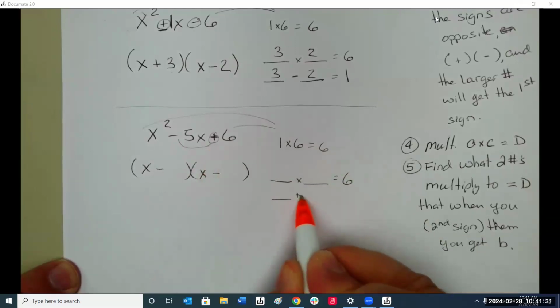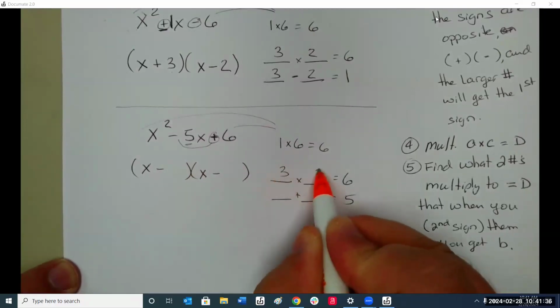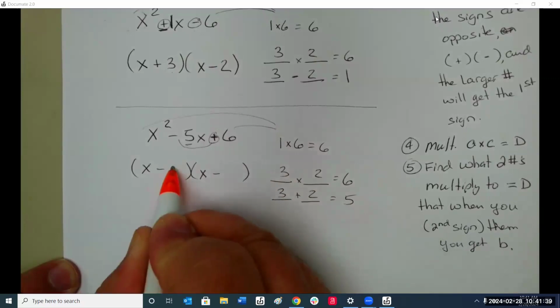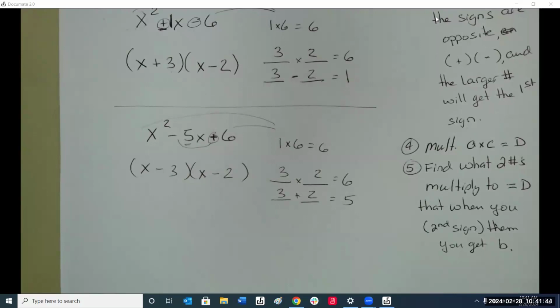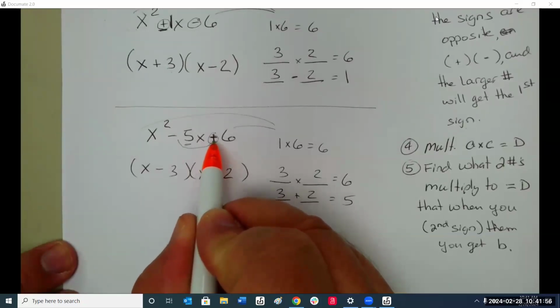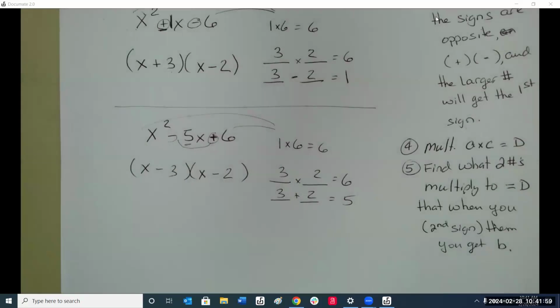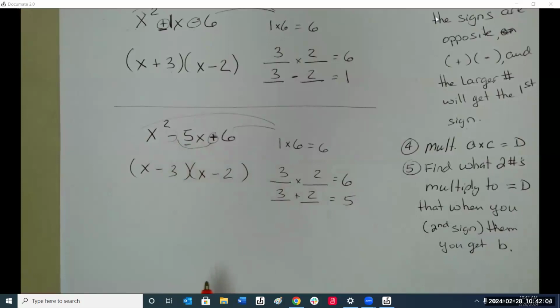But when I add them, I get 5. And they're both negative, so it doesn't matter. Because the second sign's plus. If the second sign's a plus, then they're both the same sign. It's whatever the first sign is. Because if they were both plus, there's no way we get a minus here. So that's what that second sign means.